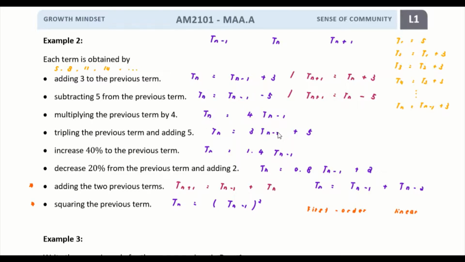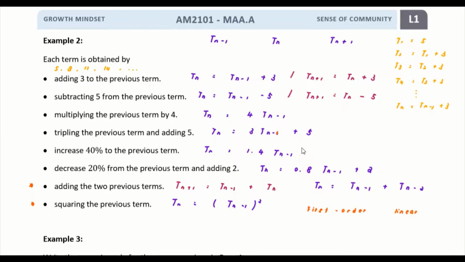Sorry, this is 1, I hope my handwriting is clear. So Tn minus 1, Tn minus 1. We didn't use more than one term to identify the subsequent term. So that's first order. Then linear: you realize all of them are in degree 1, which means there's no squaring and those things. These are the things we will encounter more in our examples later. Okay, so that's the idea.